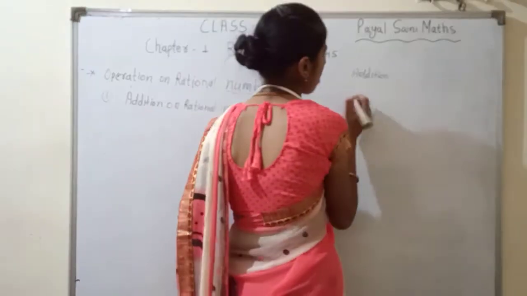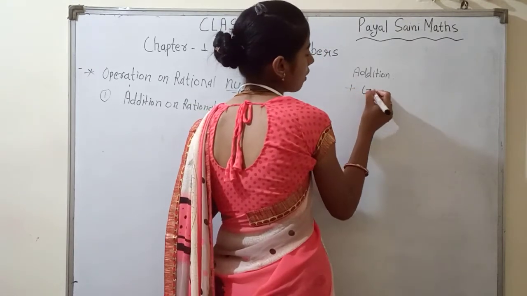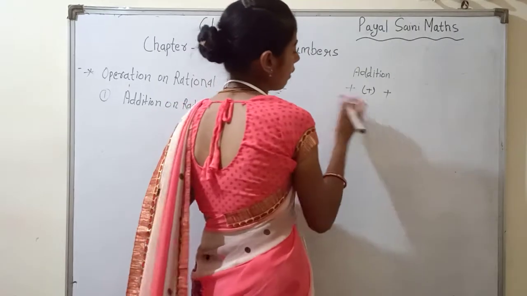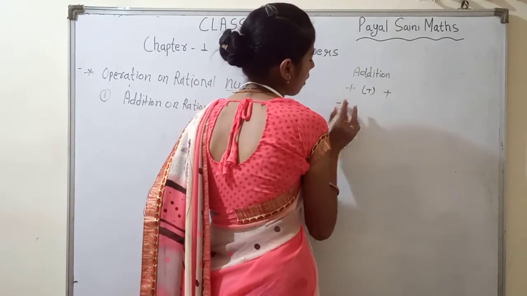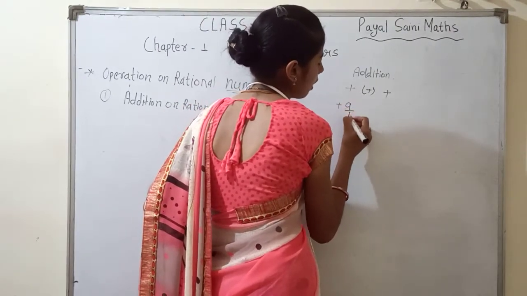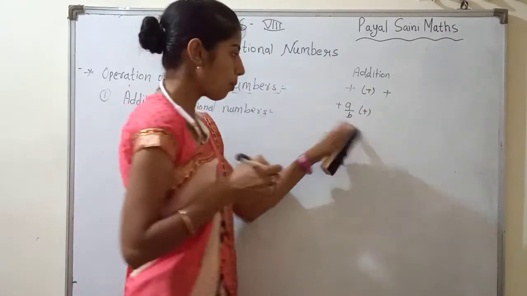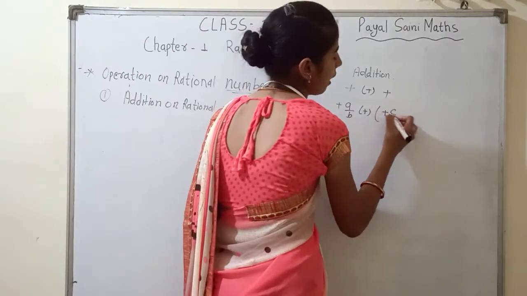If your first number is positive, the sign between is also positive, and the second number is positive, how do you understand? The first rational number is plus a by b, the between sign is plus, which means your operation is plus, and next is plus c by d.